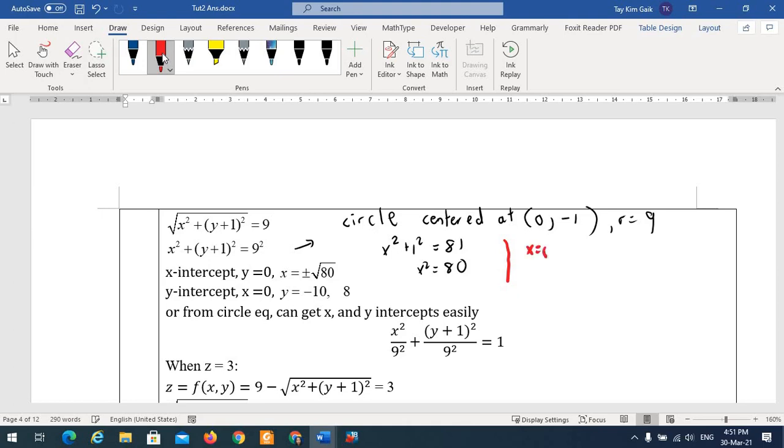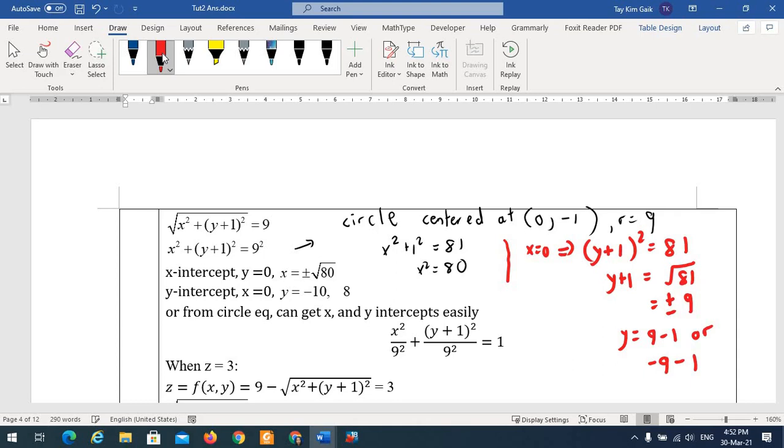When x equal to 0, you have y plus 1 squared equal to 81. You want to find the y here, so taking the square root, y plus 1 will be positive negative 9, so y will be 9 minus 1 or negative 9 minus 1. That's why 9 minus 1 you have 8, negative 9 minus 1 you have negative 10.